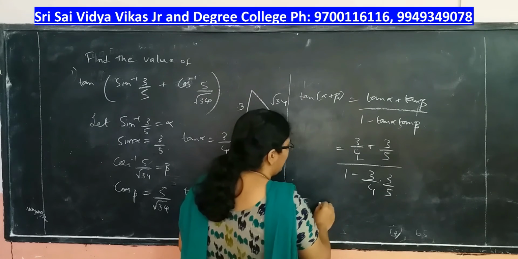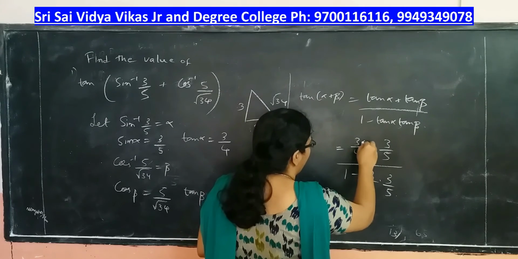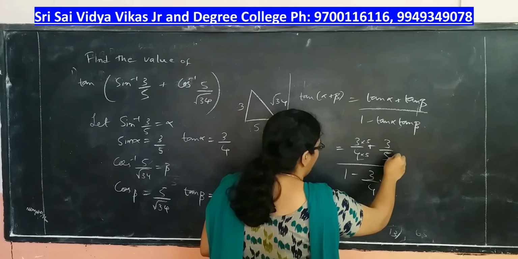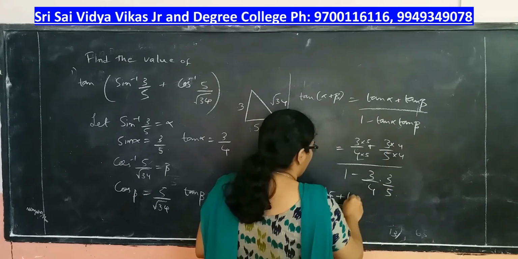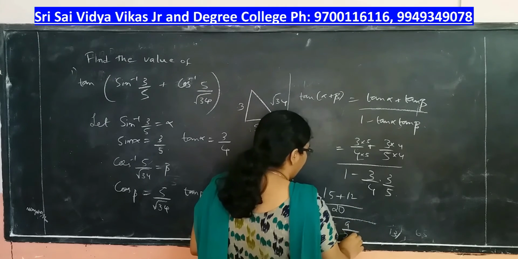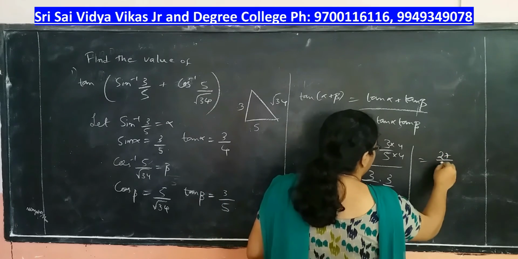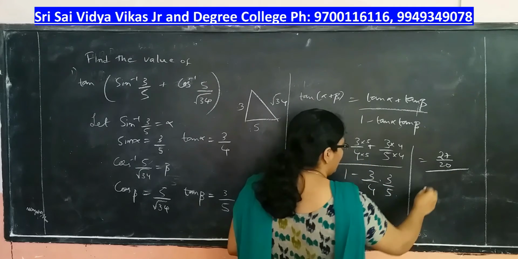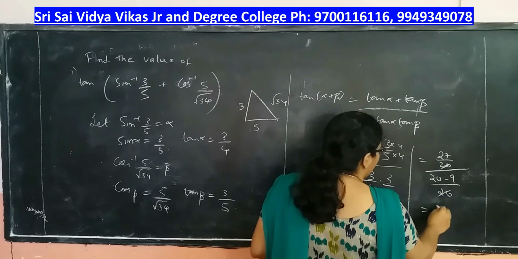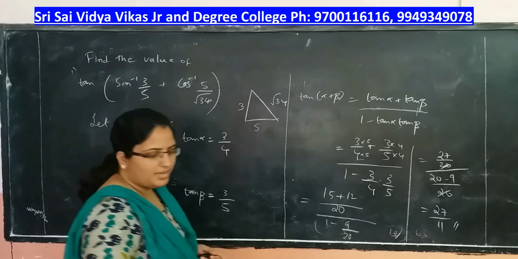Take LCM: 5 4s are 20, 15 plus 12 by 1 minus 9 by 20. So this is nothing but 27 by 20 by 20 minus 9 by 20. 20 cancel, you have 27 by 11. So the answer here is 27 by 11.